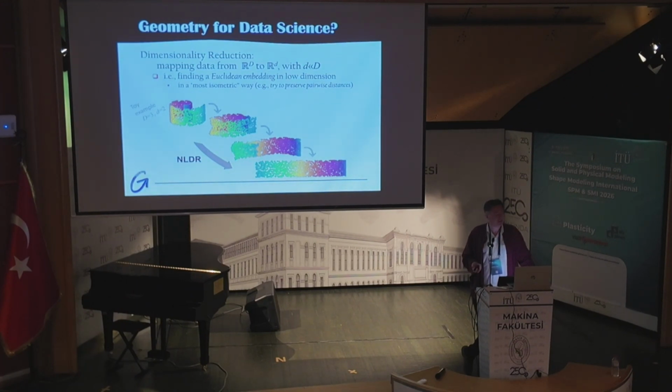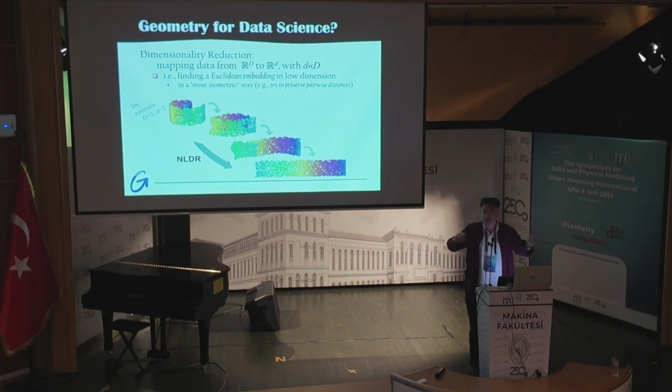You know, PCA, for instance, right? Principal component analysis is a way to do dimensionality reduction. But if you apply it to this guy, it will just project the ribbon flat, which is not what you want. Here, you want to uncurl it, unfurl it, and unfold it flat. That's why it's a nonlinear dimensionality reduction.